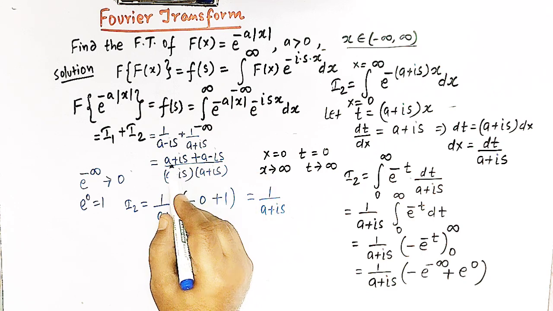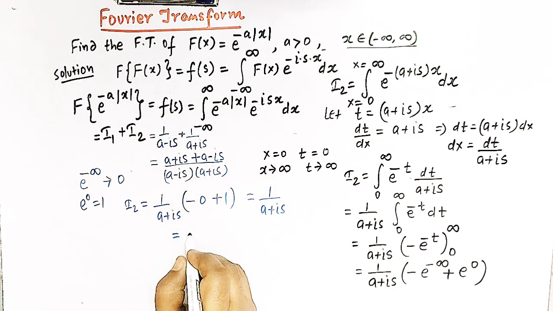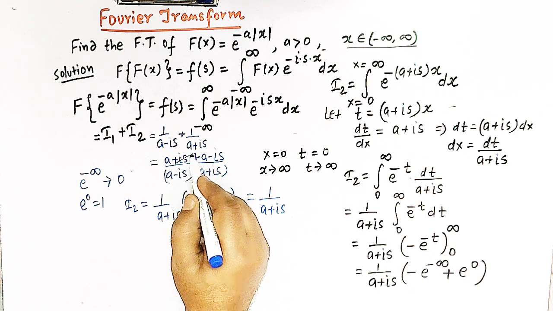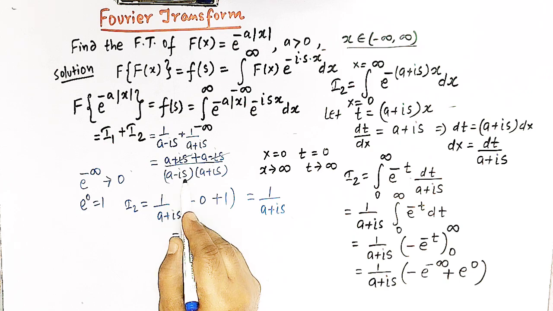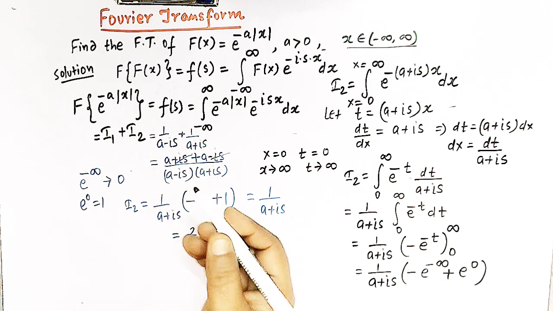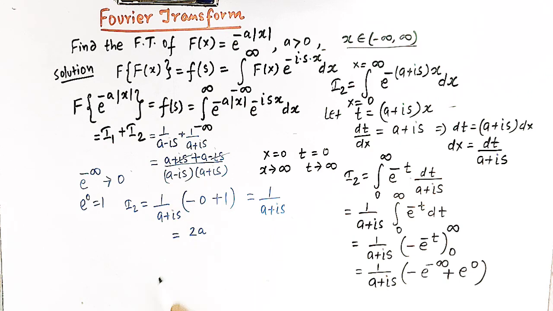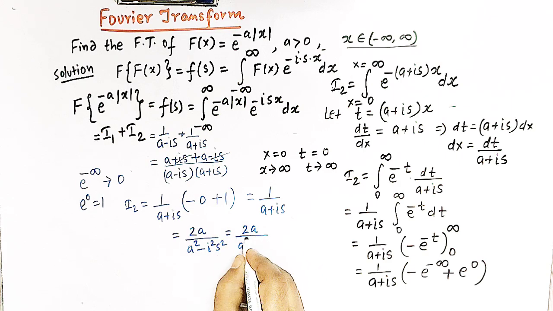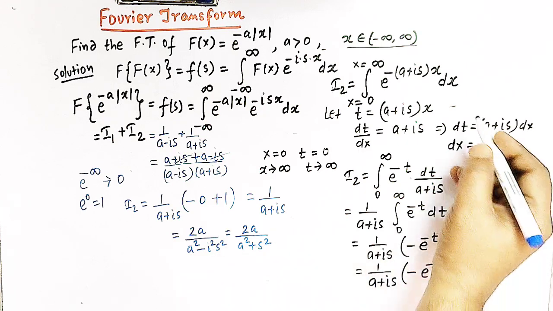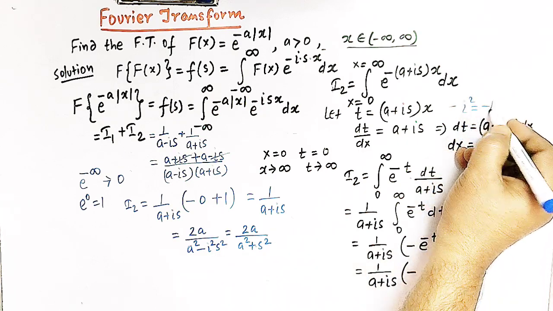So now we have a plus a, that is 2a, and these two terms get cancelled, and in the denominator we have a minus b times a plus b, that is the standard identity. So here we have a square minus i square s square, that is equal to 2a divided by a square plus s square, because i square is equal to minus 1.